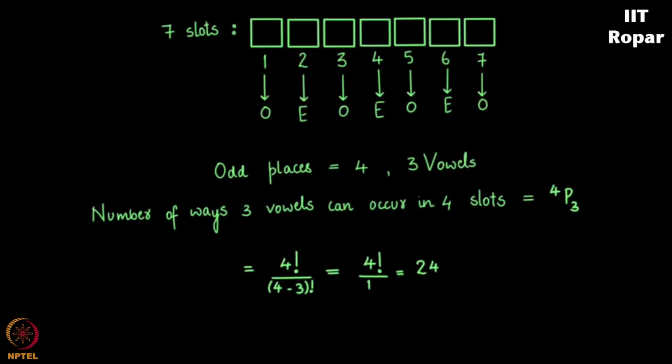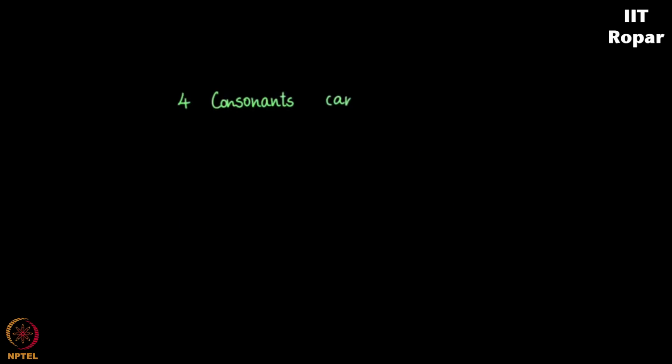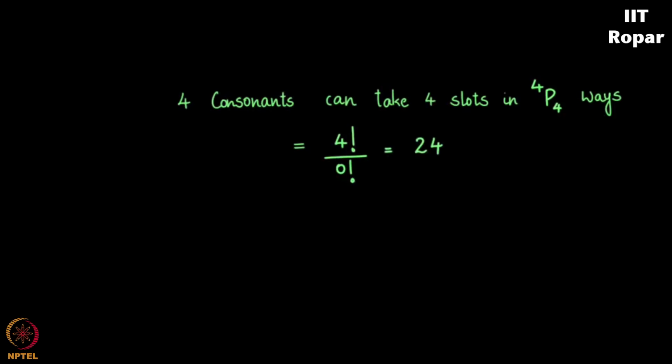So the 4 consonants can take the rest of the 4 places in how many ways? In 4P4 ways, which again comes up to be 4 factorial by 0 factorial, which is nothing but 24. So in 24 ways, the 4 consonants can take 4 slots.